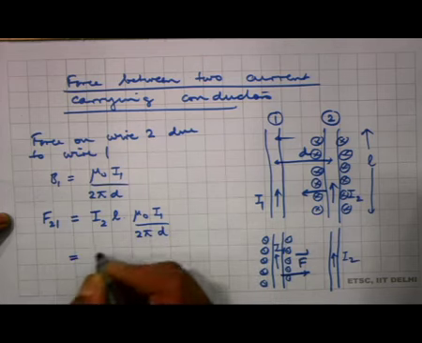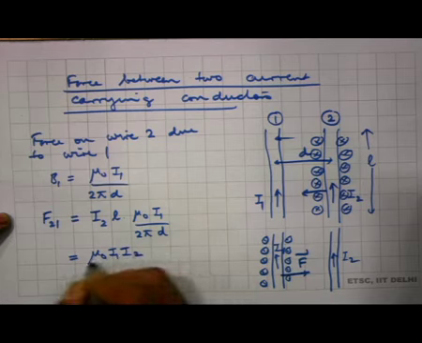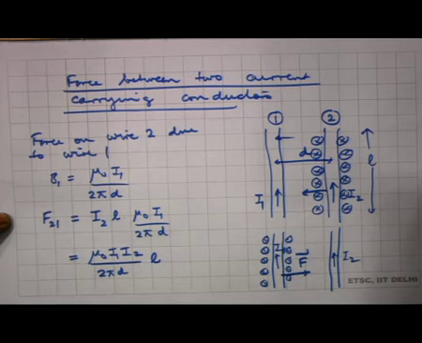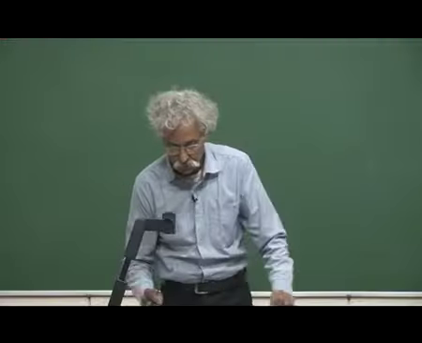So, the force is nothing but mu naught I1 I2 by 2 pi d times L. So, length L of the wire has a force F21 towards the first wire, which is mu naught I1 I2 by 2 pi d times L. So, I can write the force per unit length.